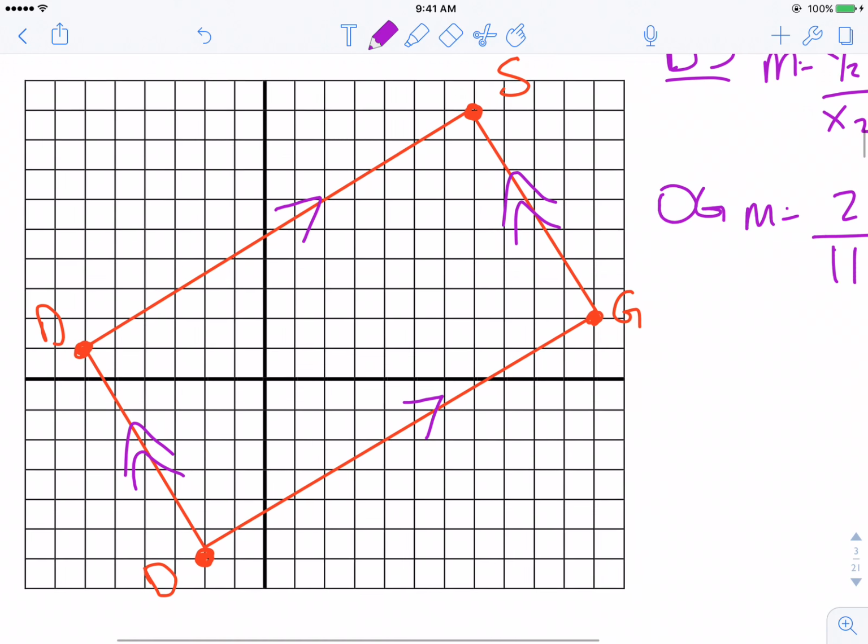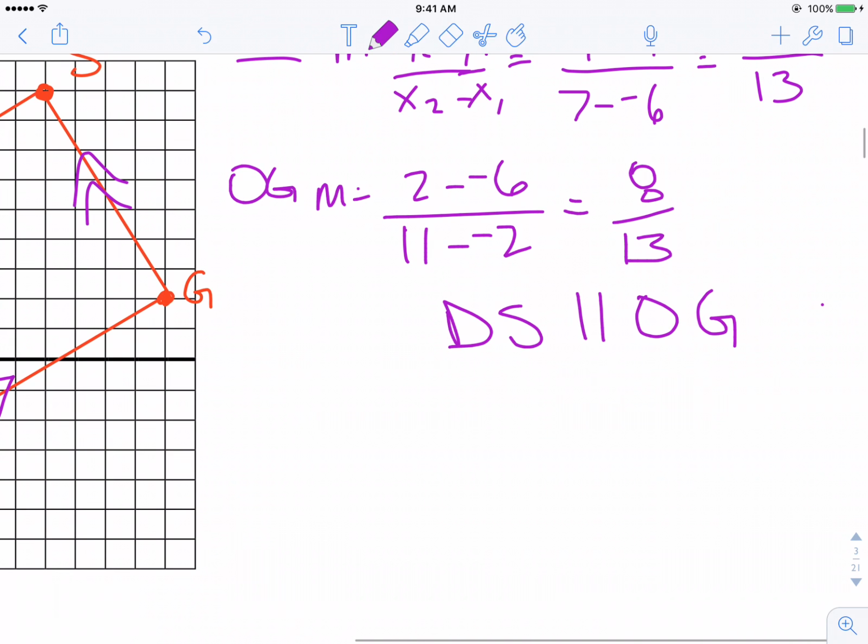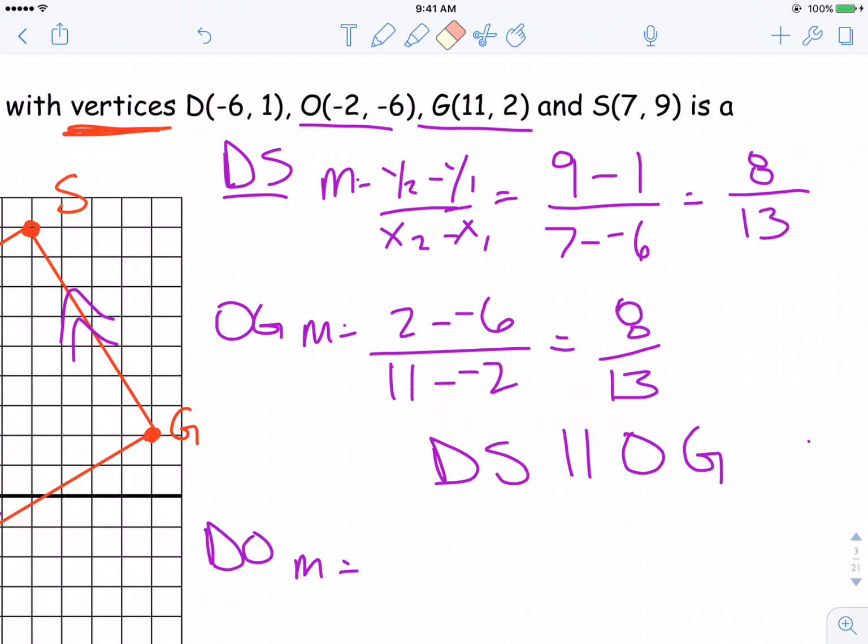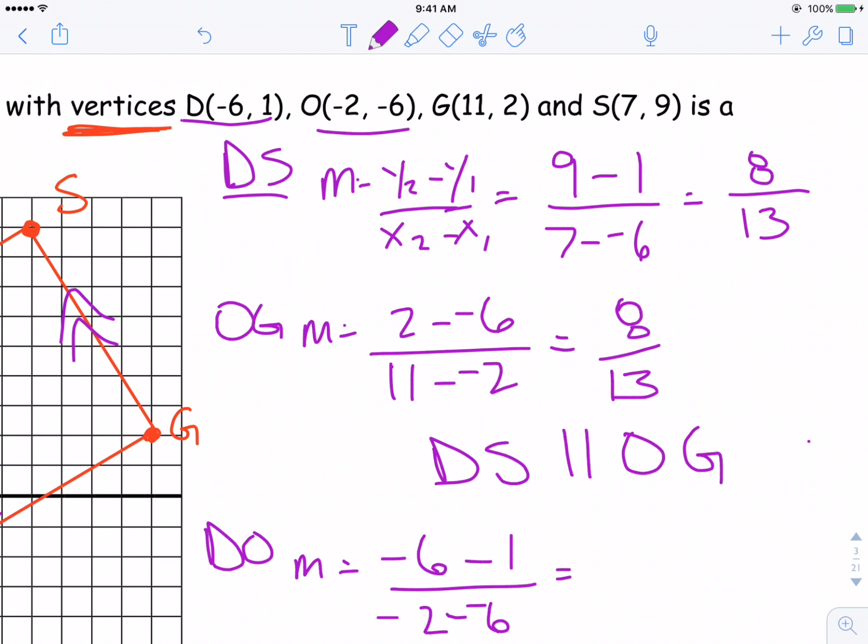I check DO and GS. DO, the slope is equal to, DO, which is D and O, negative 6 minus 1 over negative 2 minus negative 6, which is going to be negative 7 over positive 4.